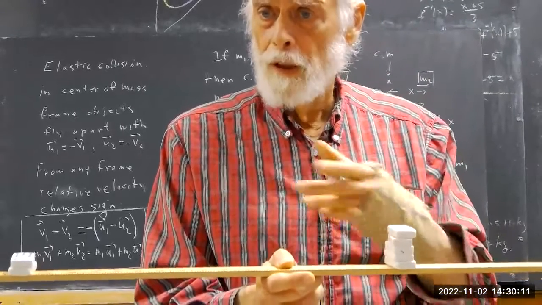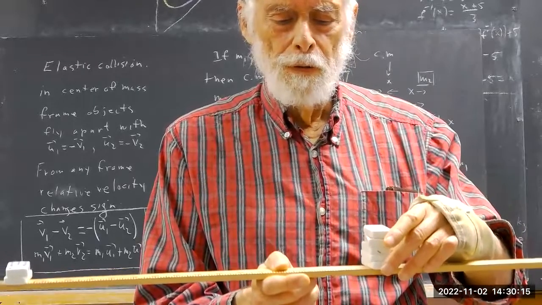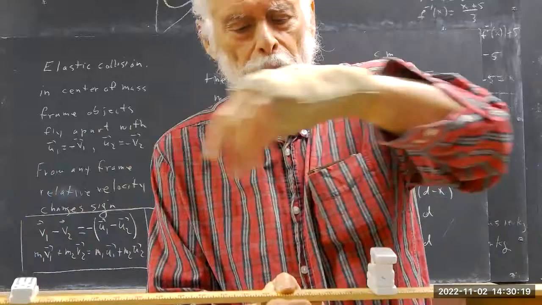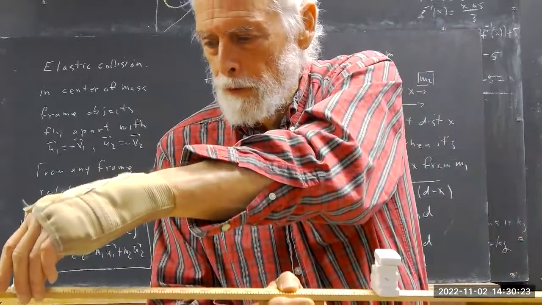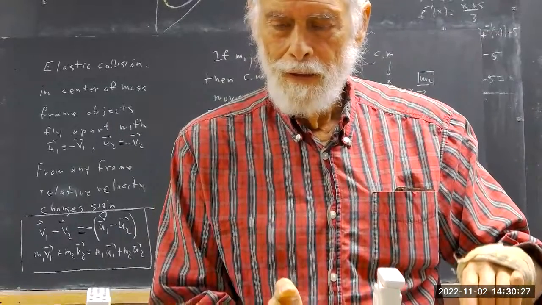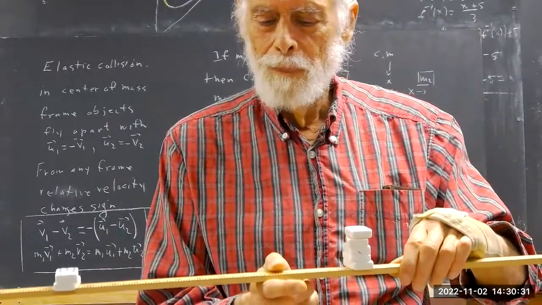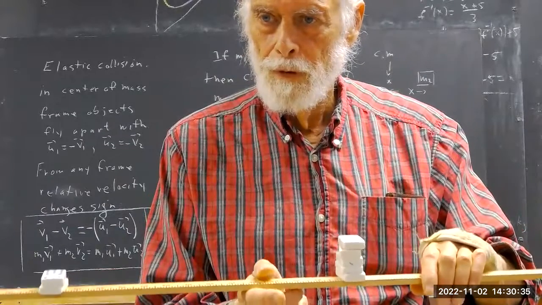My balance point's going to have to move. So if I move this 2 inches closer and move this 3 inches closer, it tends to balance this way. My center of mass is going to move to the left a little bit. My balancing point moves to the left.